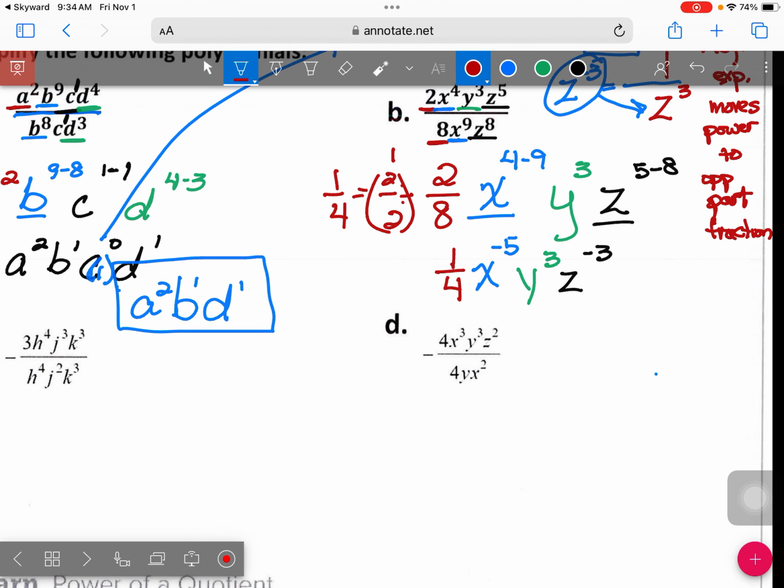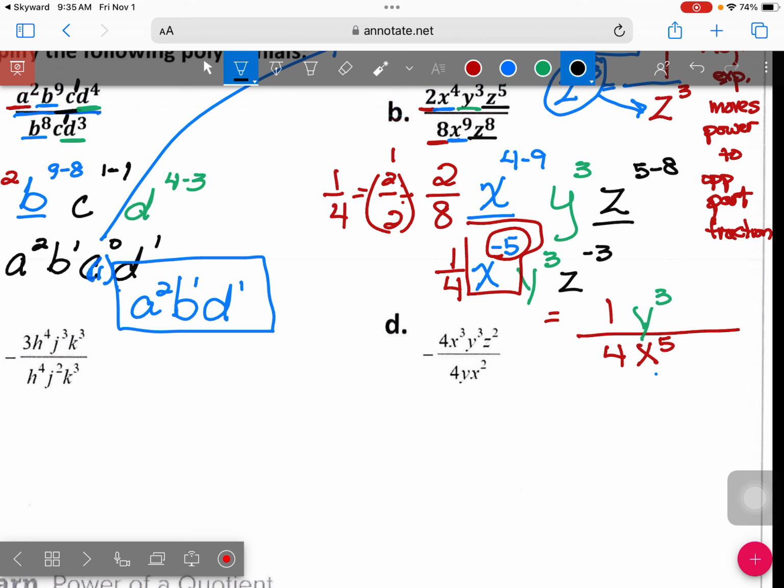So what does that mean? X to the negative 5th, here this is going to be 1 over 4. X to the negative 5th means I'm taking this whole thing down into the bottom and making it positive, x to the 5th. Y to the 3rd, that's still going to stay on top.